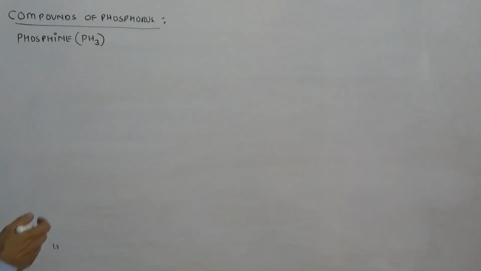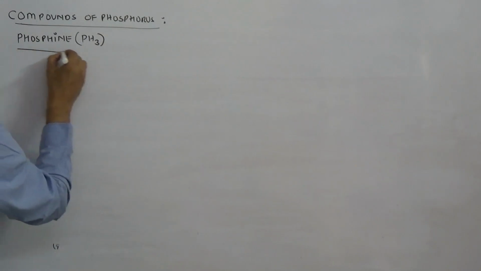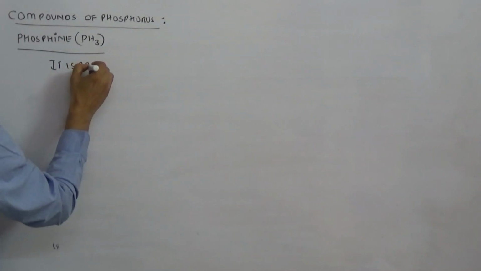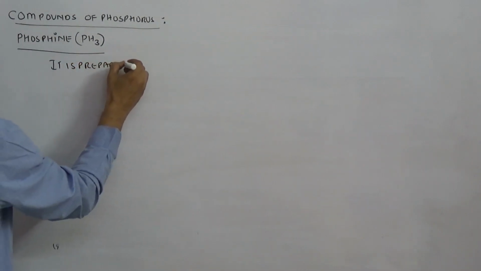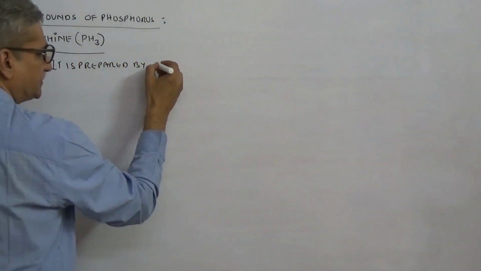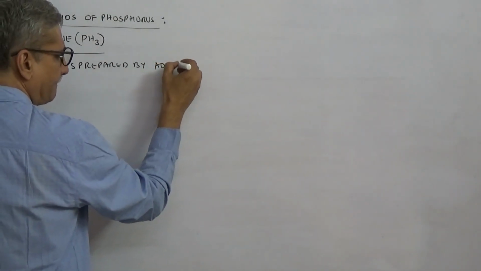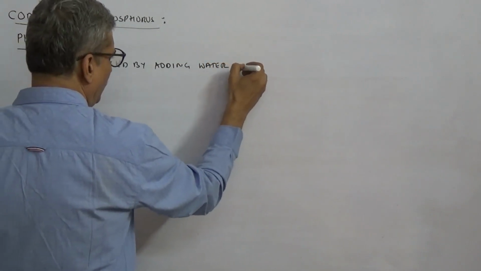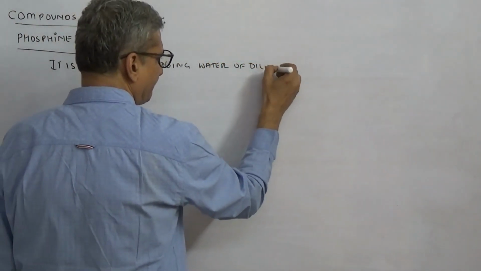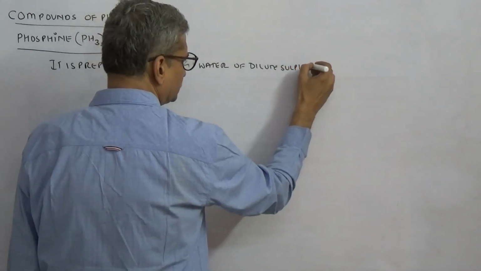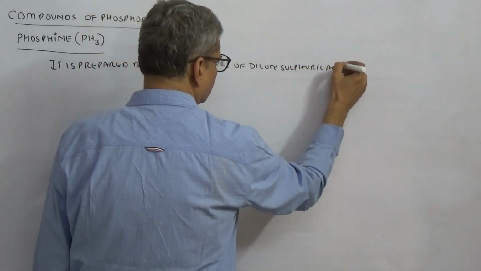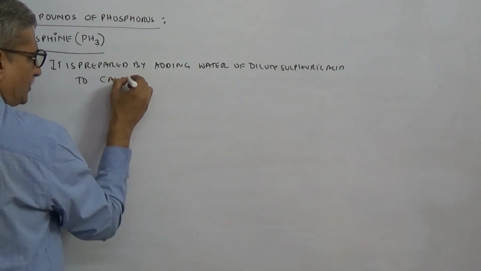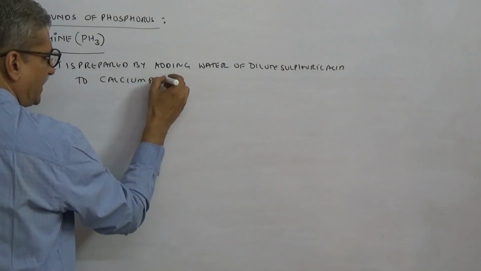So when you are talking of compounds of phosphorus, the first compound that we are talking about is phosphine. It is prepared by adding water or dilute sulfuric acid to calcium phosphide or aluminium phosphide.